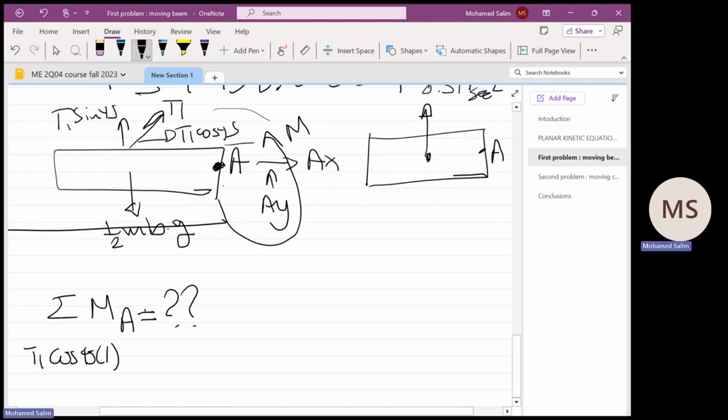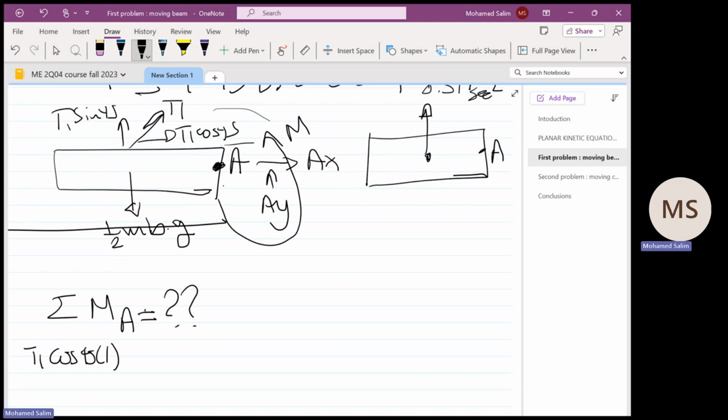In this direction, is it a negative or positive moment? As you like. If you take this as positive, keep it consistent. If you take the other as positive, keep it consistent. But make a simple rule: counterclockwise is positive, clockwise is negative.